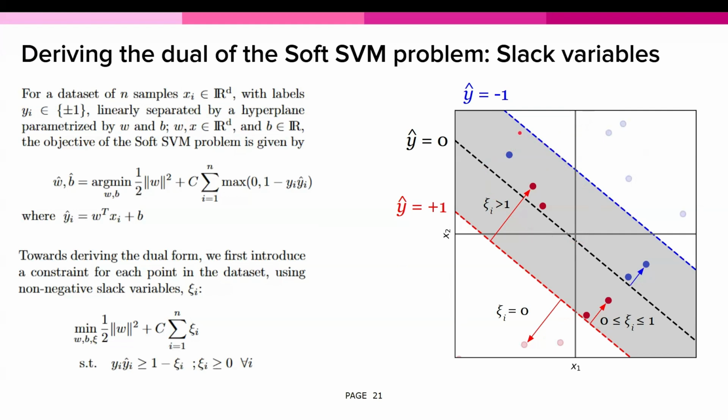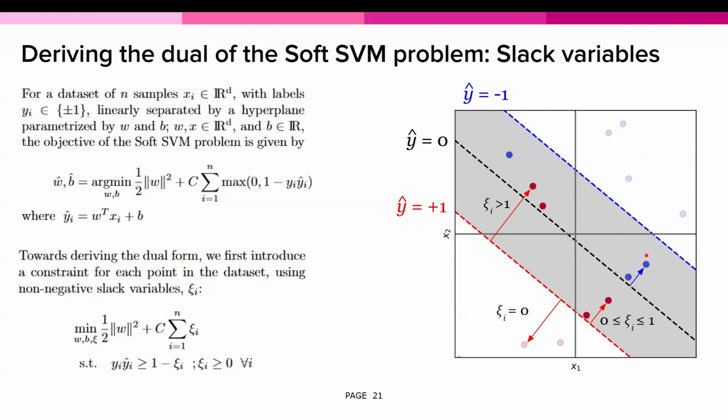Okay, so the idea is that the slack variable xi measures the distance of a weakly or misclassified point from the margin. If that's the case, then 1 minus xi gives us the position relative to the decision boundary. This is shown for this blue point in the bottom right here.